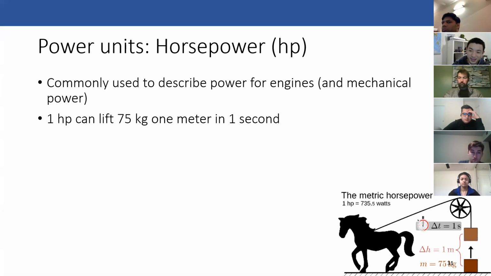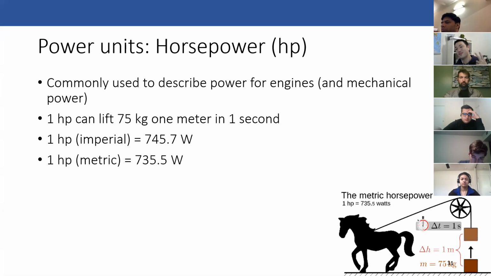But wait, it gets better, right? We all obviously have to make this confusing, because you actually have 2 different types of horsepower. There's an imperial version of horsepower, which is 745.7 watts. And you have a metric version of horsepower, which is 735.5 watts. I don't know why they do this.